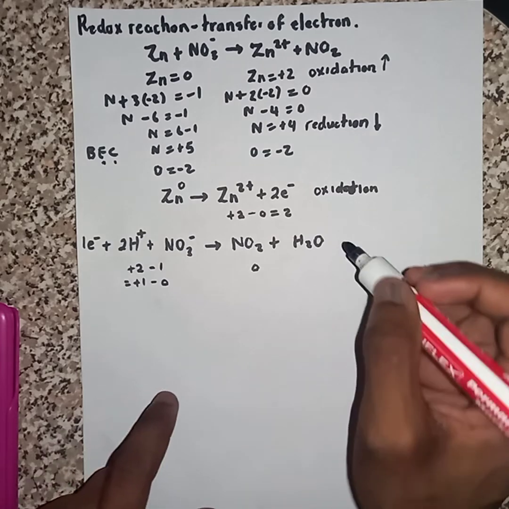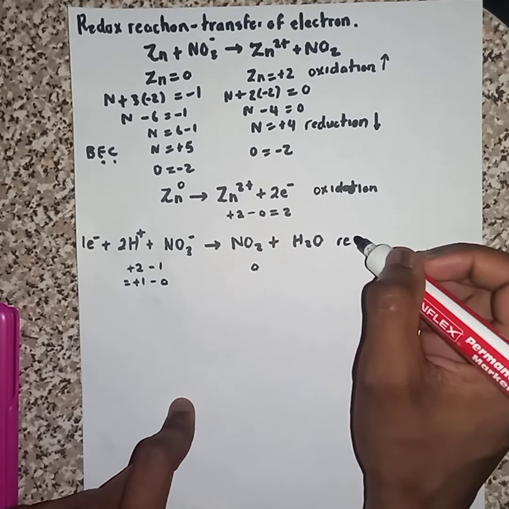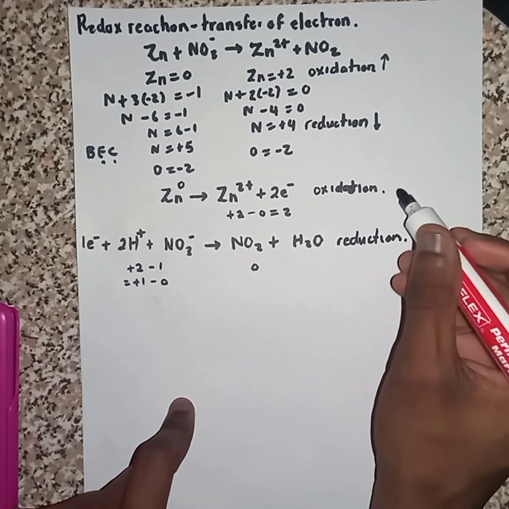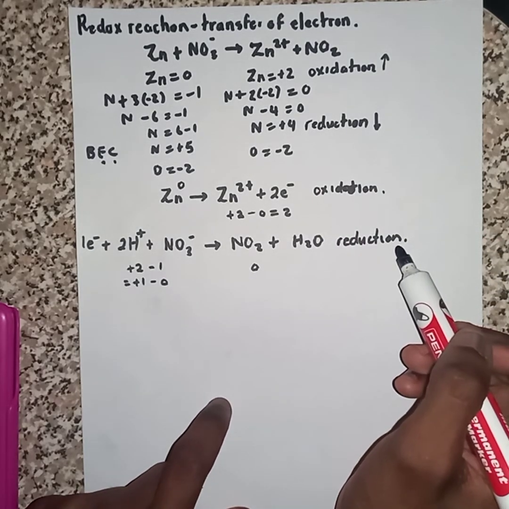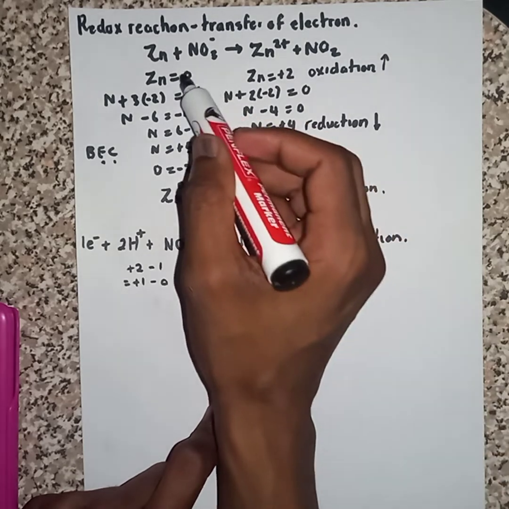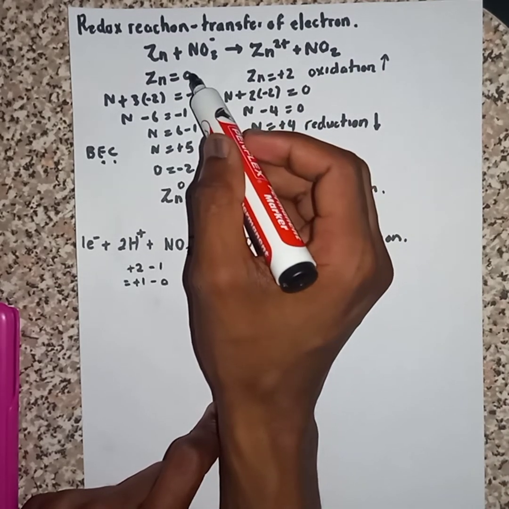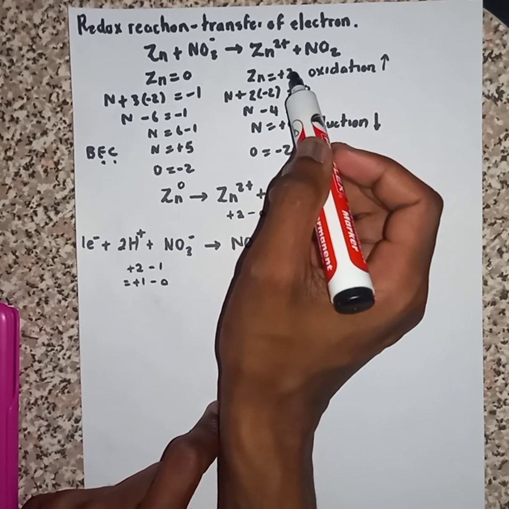At this point, we have what? Reduction formula. Don't forget that these two, oxidation as well as reduction, we identified them there. As for zinc, we managed to see that the oxidation number increased.